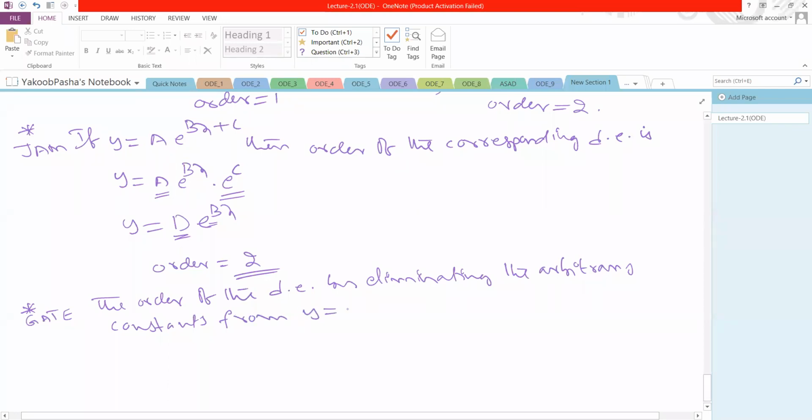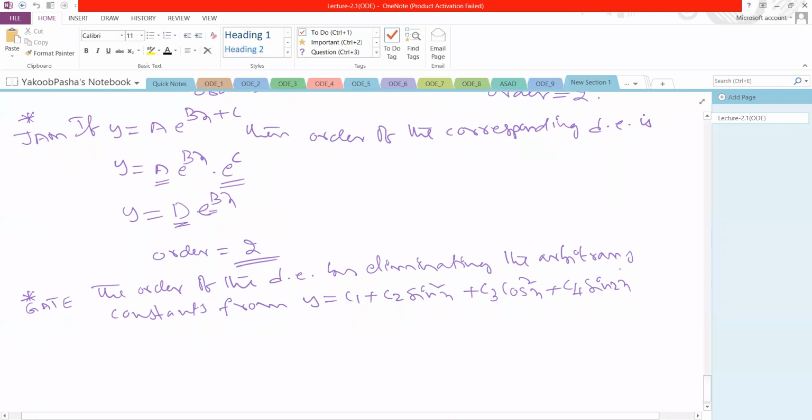y is equal to c1 plus c2 sin square x plus c3 cos square x plus c4 sin 2x. This is the equation. We have to find the order of the corresponding differential equation.